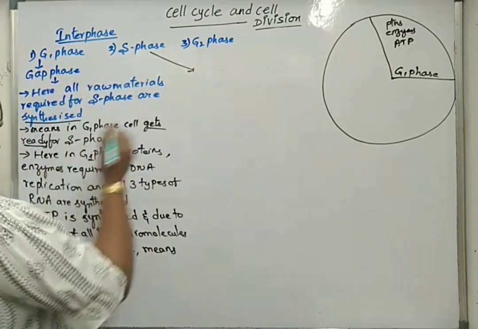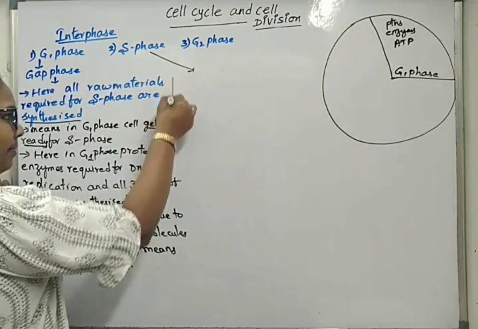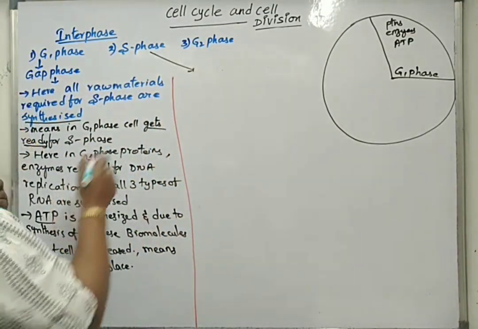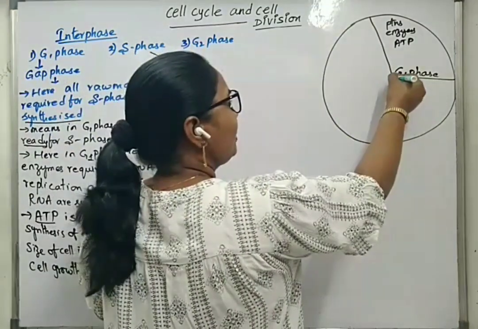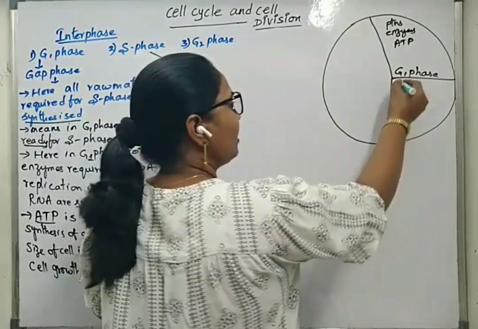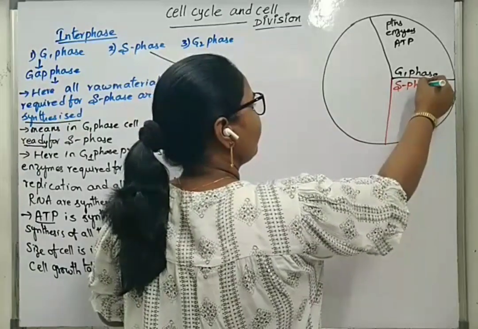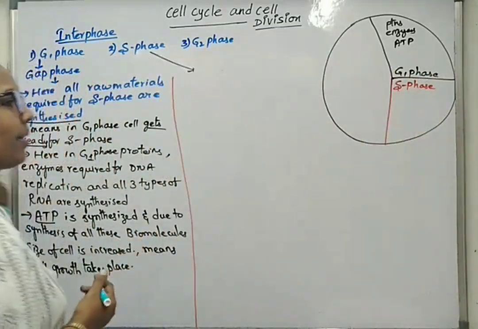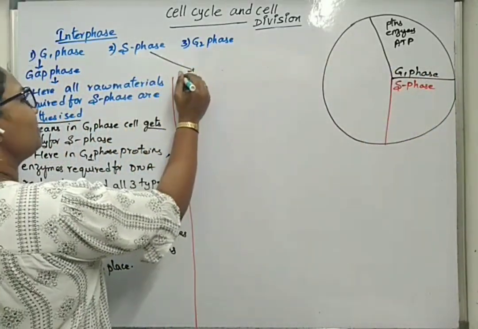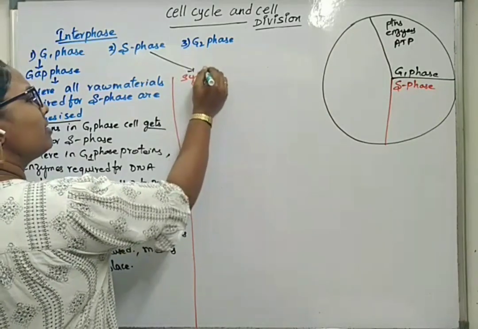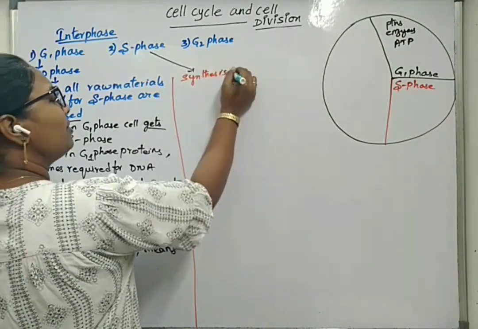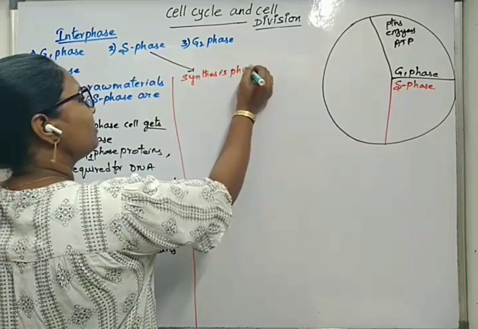Now during S phase, what is happening? Immediately after G1 phase, the next priority goes to S phase. So S phase is called synthesis phase or synthetic phase.